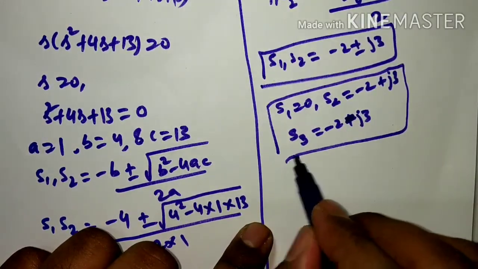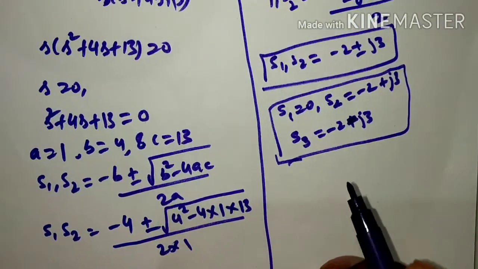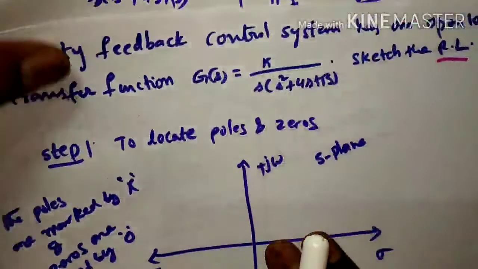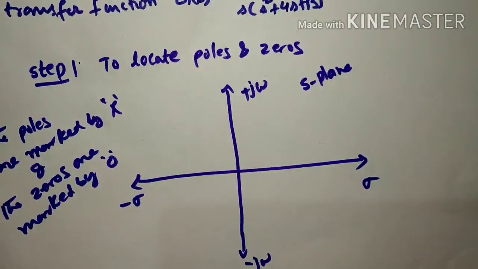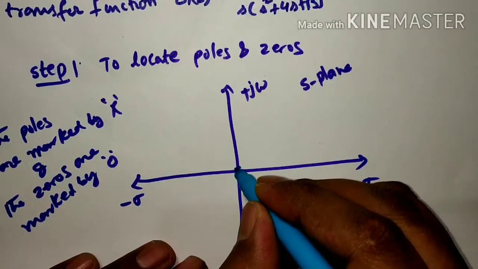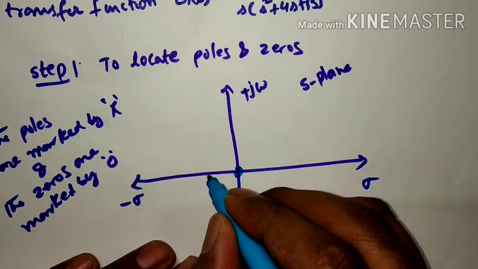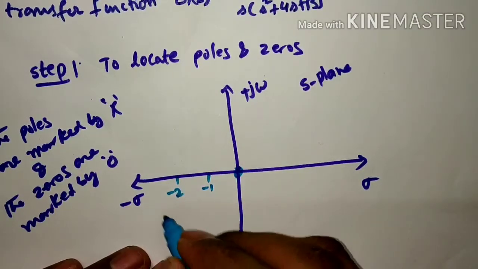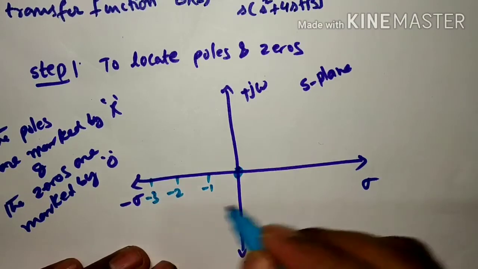These three roots we have to locate on the S plane. This is 0 here, this is −1, −2, and −3, and on the other side 1, 2, 3.